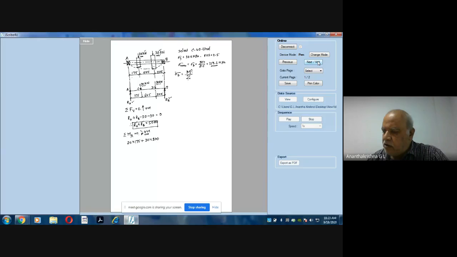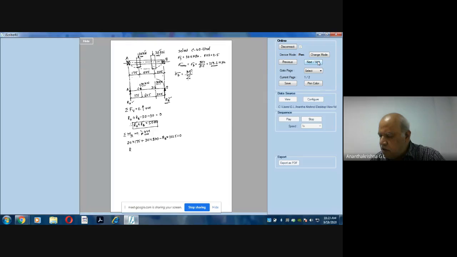And then we have RB, which will go around point A in the counterclockwise direction. So it is minus RB into 800 plus 225, that is 1025, equal to 0.